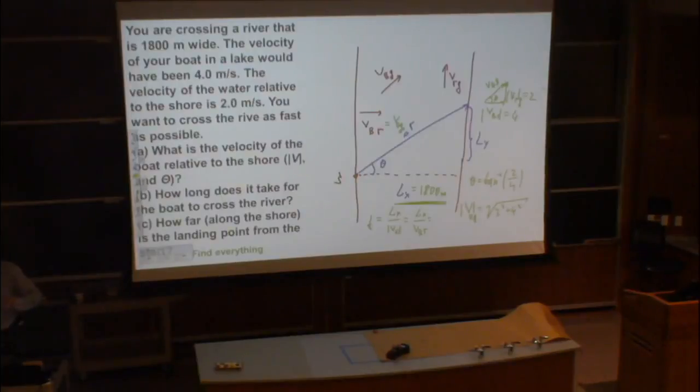In fact, this velocity, physically, is the velocity of the stream relative to the ground, but mathematically, it also represents the y component of the actual velocity of the boat. So that's going to be 1800 divided by the square root of 20, wherever it is. This will be equal to the speed of the stream times time.